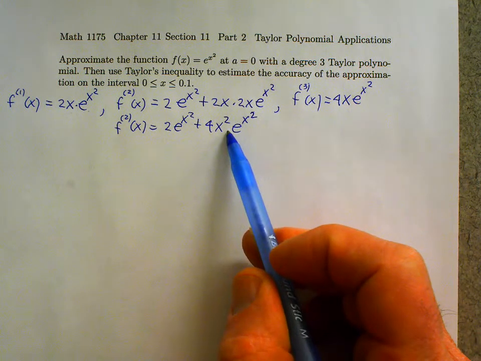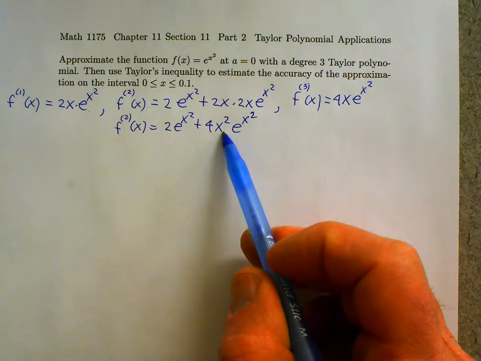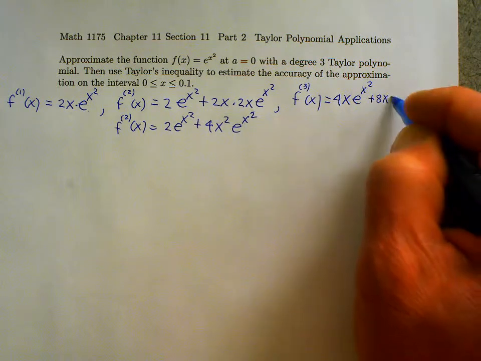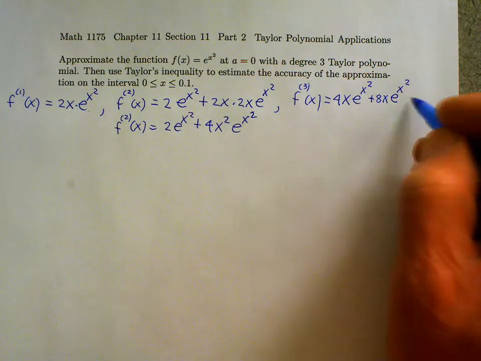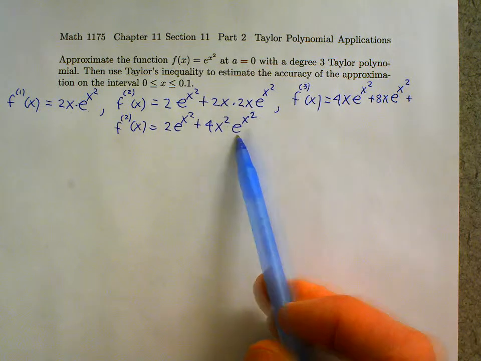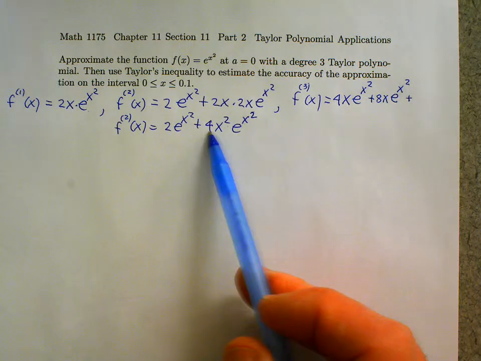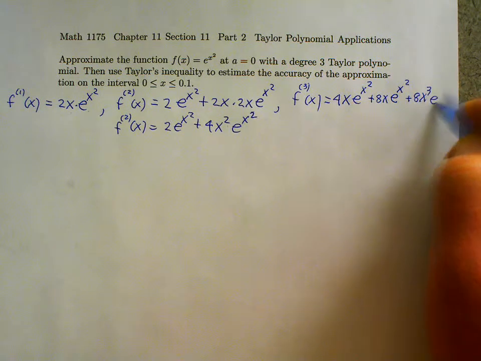We have to use the product rule and the chain rule again. The derivative of 4x squared is 8x, so 8x times e to the x squared, and then plus 4x squared times the derivative of e to the x squared. So if we multiply 4x squared times 2x, we get 8x to the third times e to the x squared.